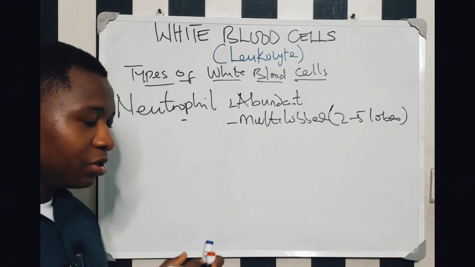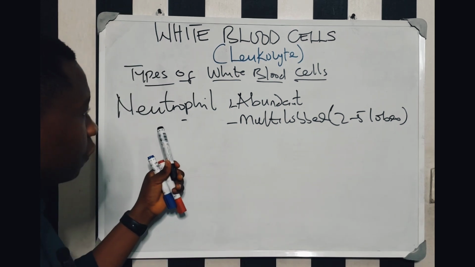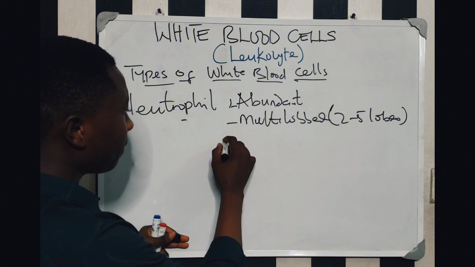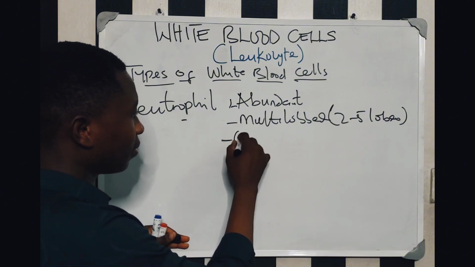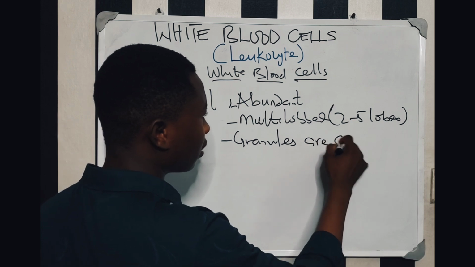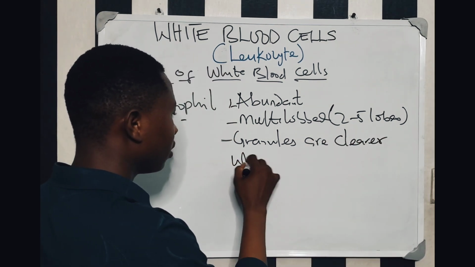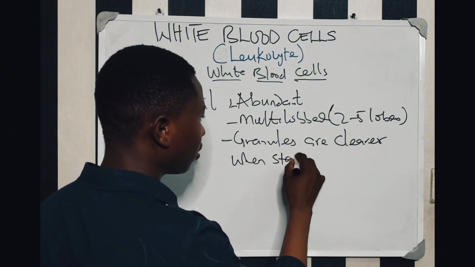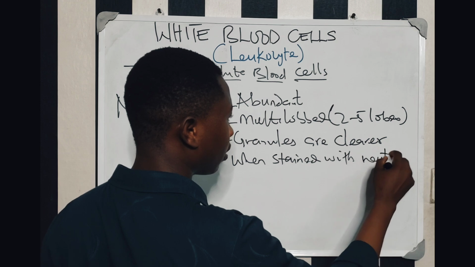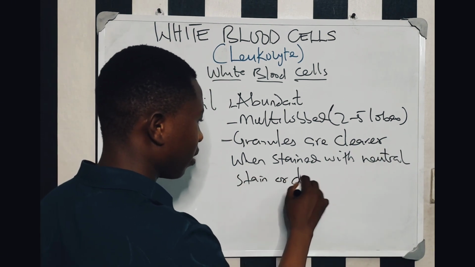Now, another characteristic of the neutrophil is that their granules are clearer when stained with a neutral stain or dye.